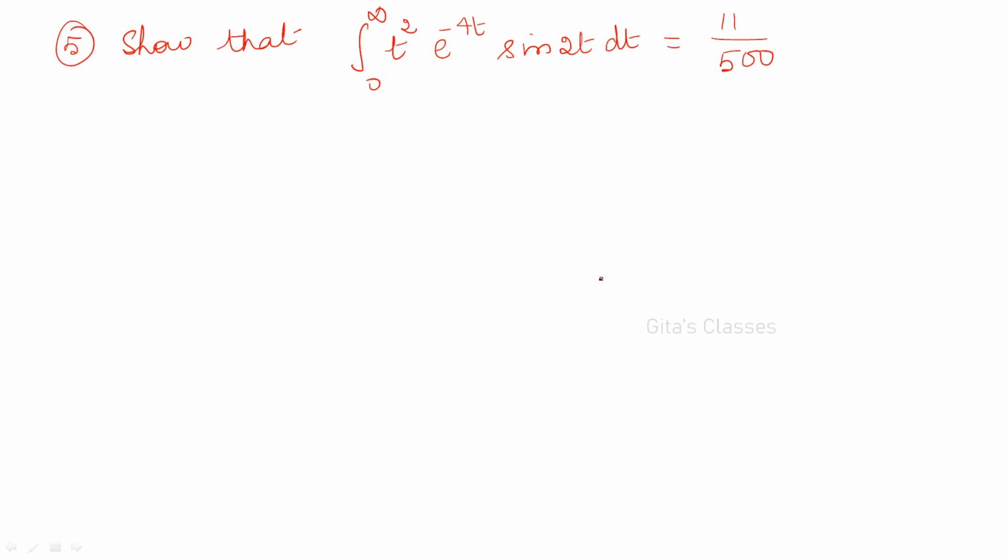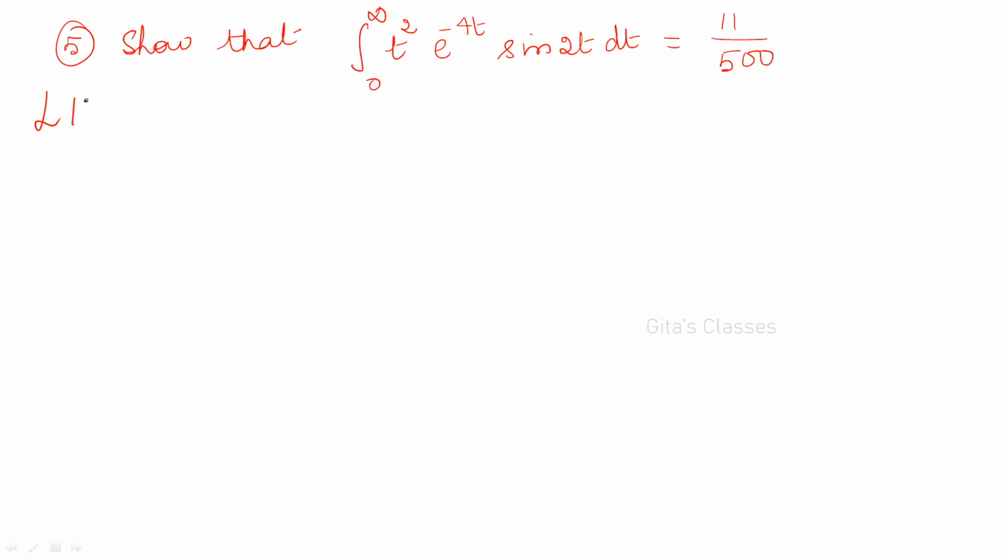Next is show that integral 0 to infinity t squared into e power minus 4t sin 2t dt is equal to 11 by 500. So now we are going to compare the left hand side integral with the Laplace transform. Now let us consider the left hand side.